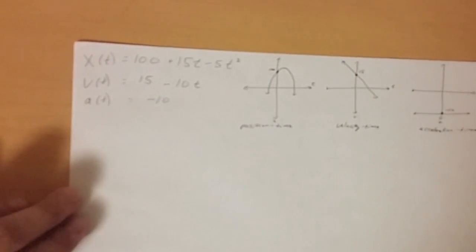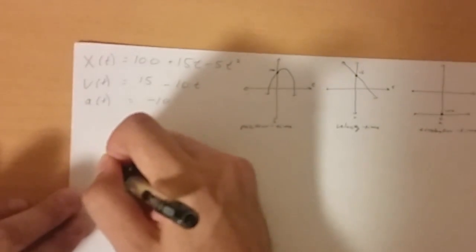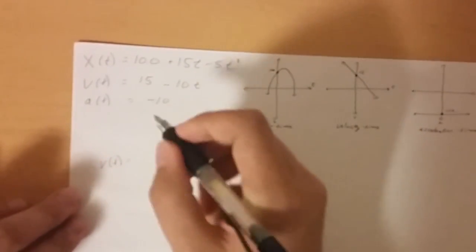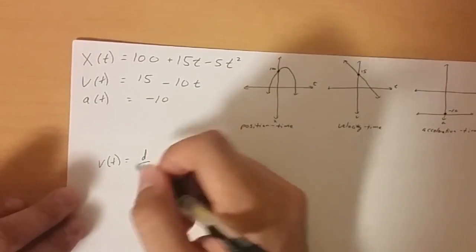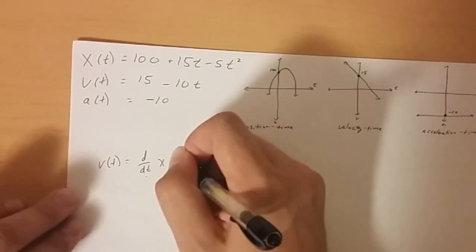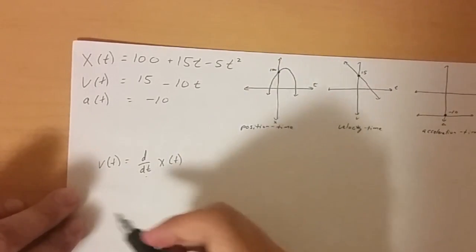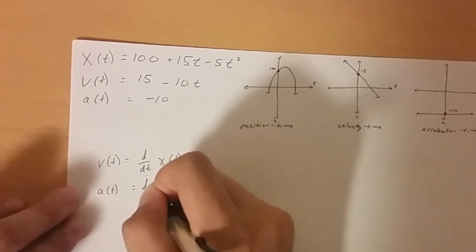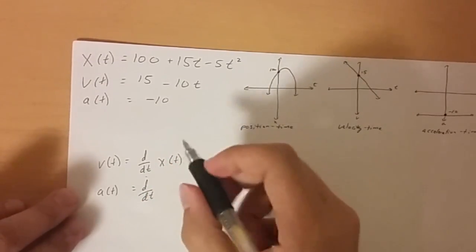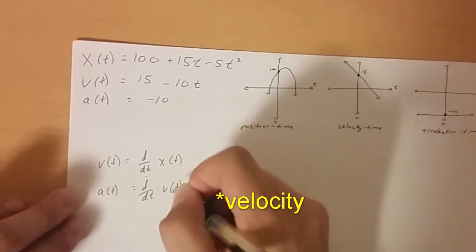So we could write this like this. We could say that velocity is the time derivative, that's what this symbol means, the derivative with respect to time of my position function. And then we can say that acceleration is the derivative with respect to time of my velocity function.